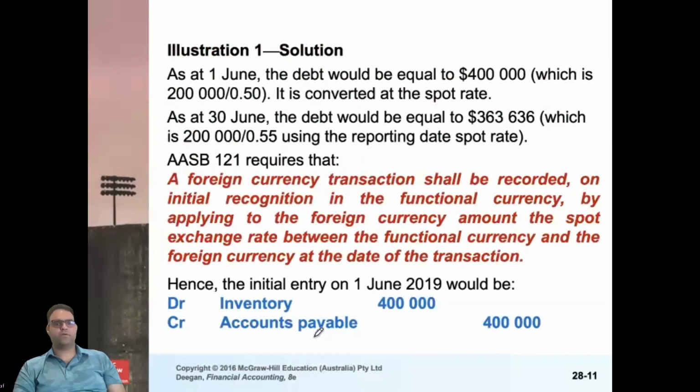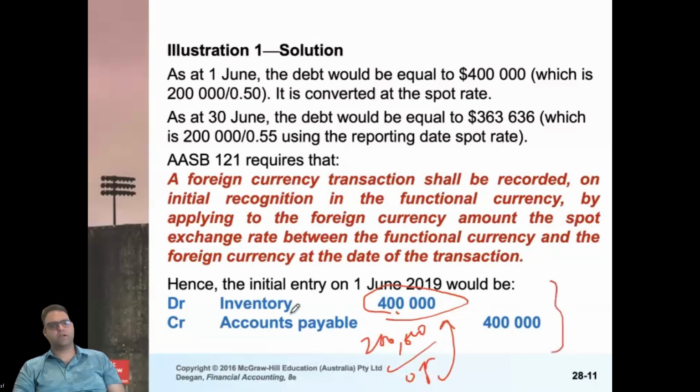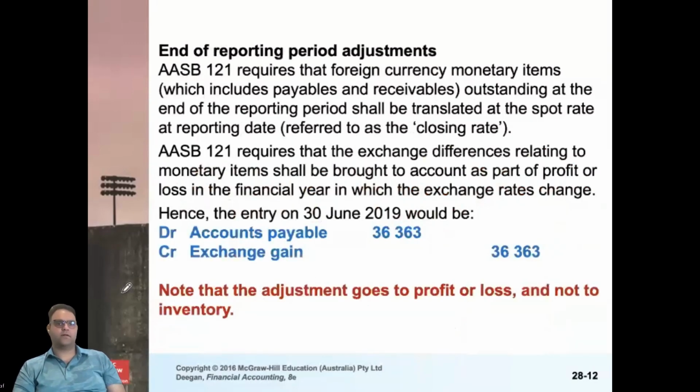What we do is convert that 200,000 into the amount of local currency, which is US dollar. So 200,000 divided by 0.5 becomes 400,000. First of all, we record the inventory and whatever we need to pay on 1st June, which is 400,000 US dollars. Then at the reporting period, there is an increase or decrease in the transaction.